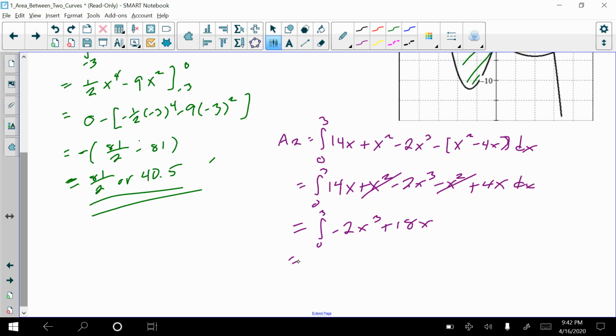Now we'll perform our integration. The antiderivative of negative 2x cubed will be negative 1/4 x to the fourth, and the antiderivative of 18x will be 9x squared, and we're evaluating it from 0 to 3.